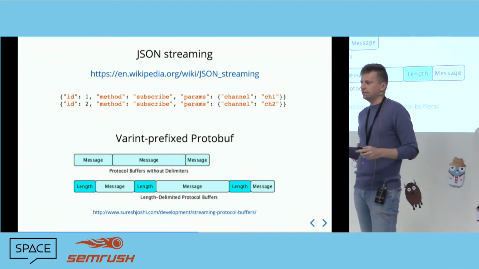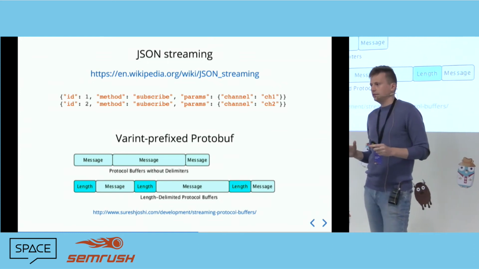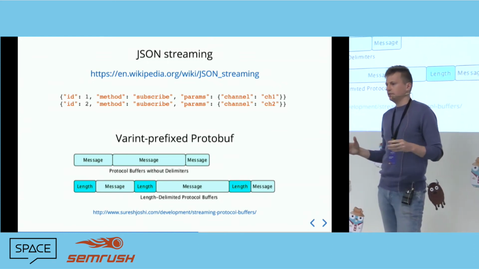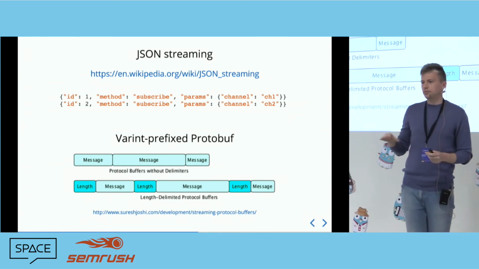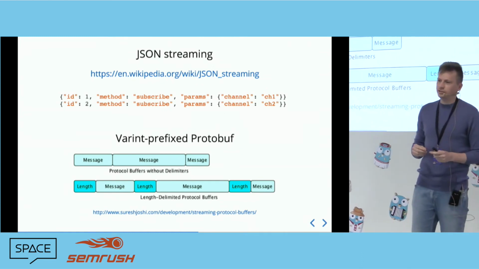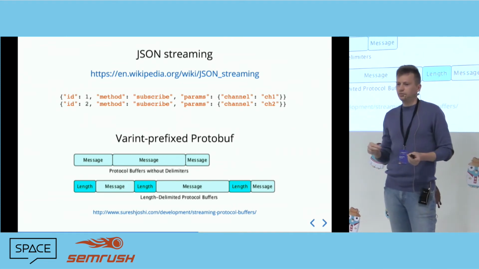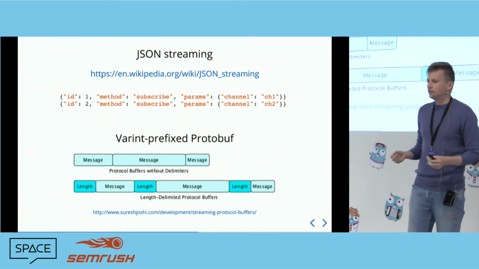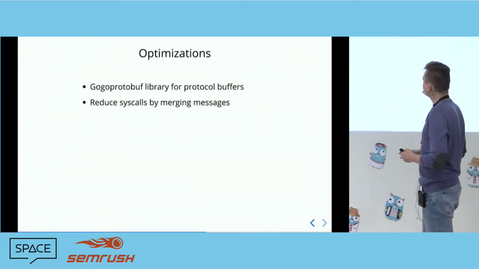This design helps us to simply merge several independent messages, keeping them in temporary byte buffers, and then write them into the connection in one write system call. Of course, we can reuse temporary byte buffers, and we do. We do this using the sync pool structure.